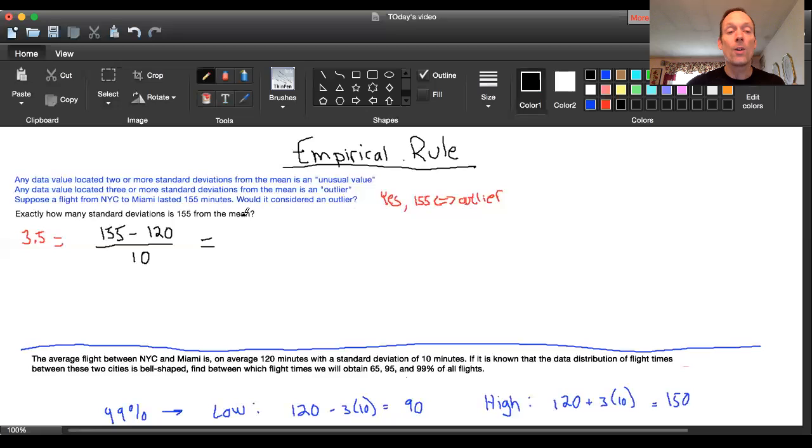We're going to call that 155 our x value. We already know from some of the previous videos that 120 is our mean, and the symbol for our mean is going to be mu. In this case, we're using the symbol for the population average. Now on the bottom, the 10 is our standard deviation. So what's our symbol for that 10? For the standard deviation, that's going to be a sigma.